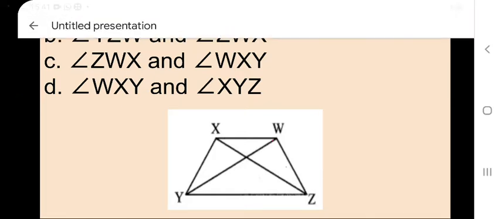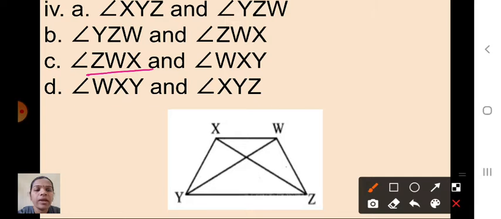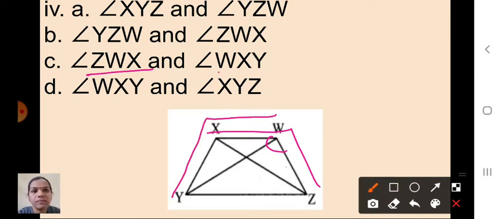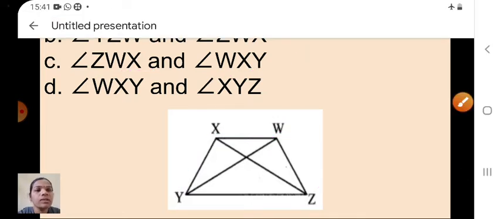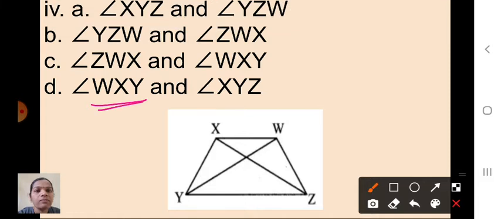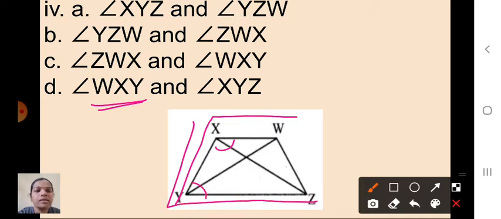Next, angle ZWX and the next angle is WXY. These are adjacent angles. The fourth one I have written is WXY and XYZ. This angle and this angle are two adjacent angles. I hope you understood this.